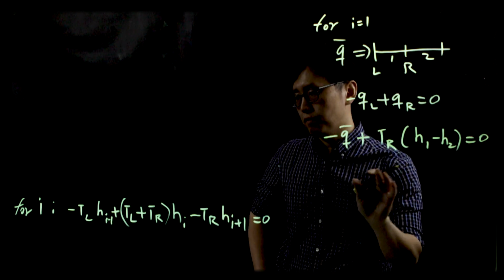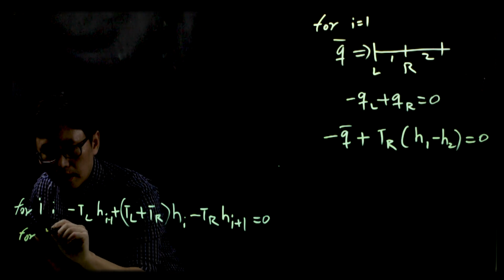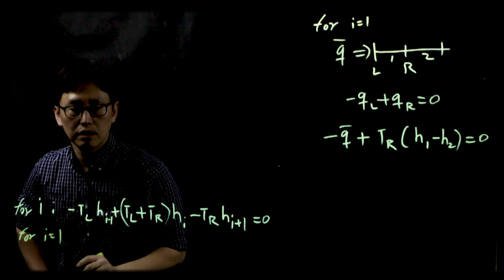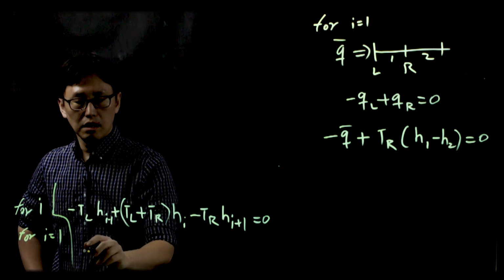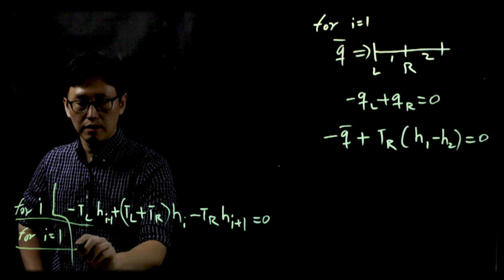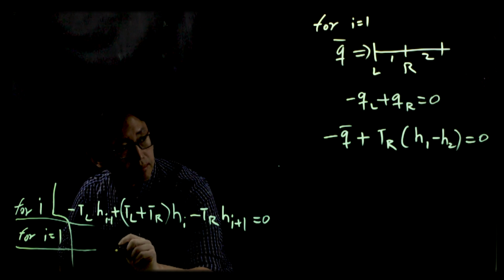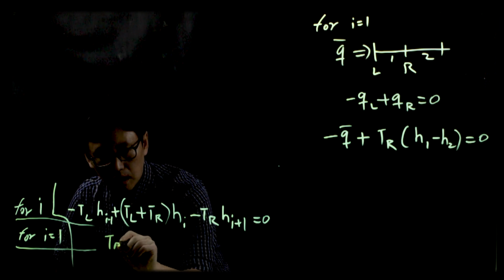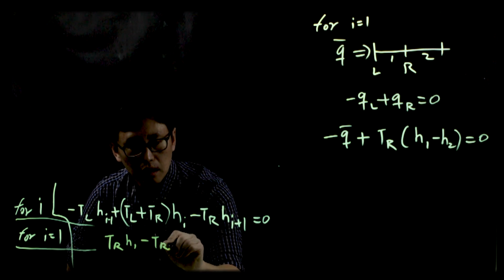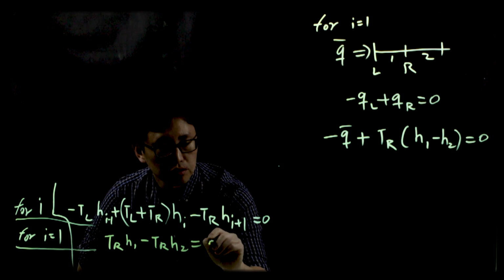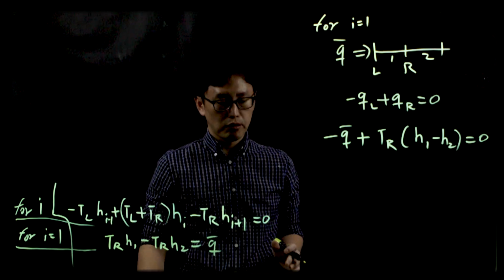So for cell 1, we can write down this equation again like TR H1 minus TR H2 is equal to Q bar. This is the equation of the cell 1.